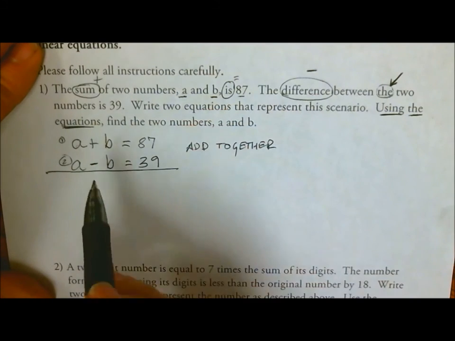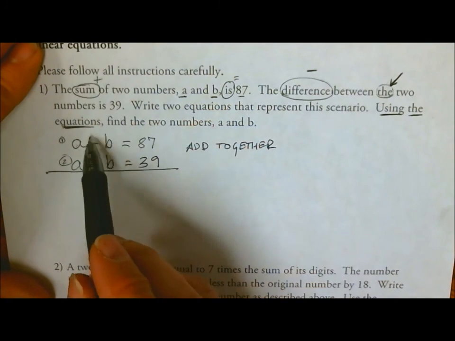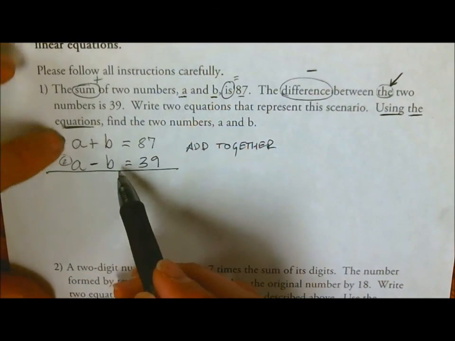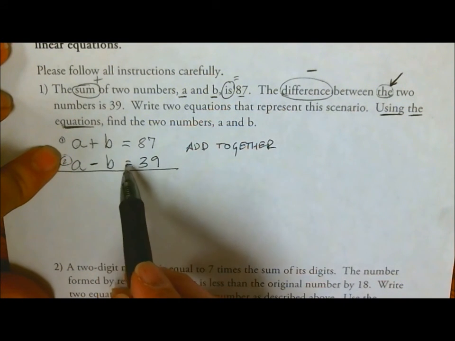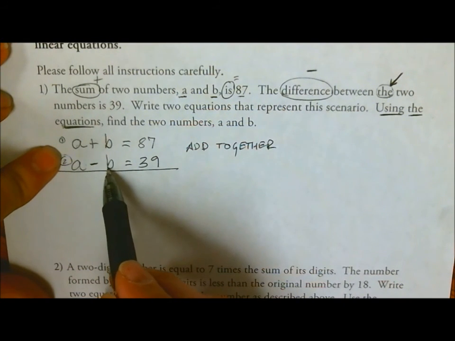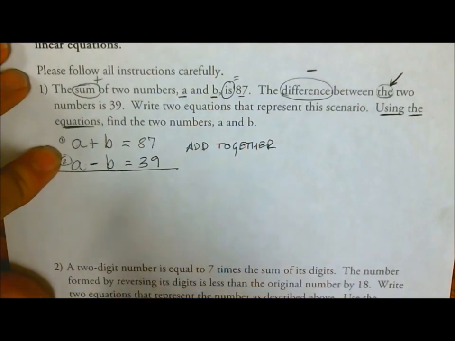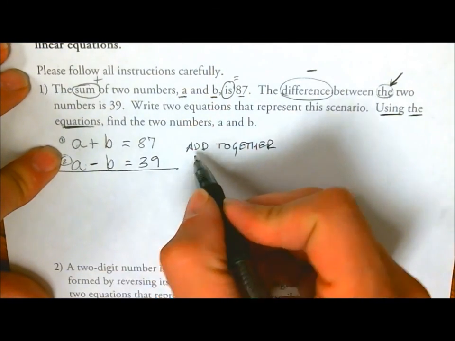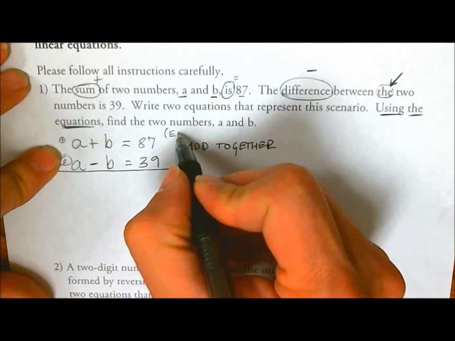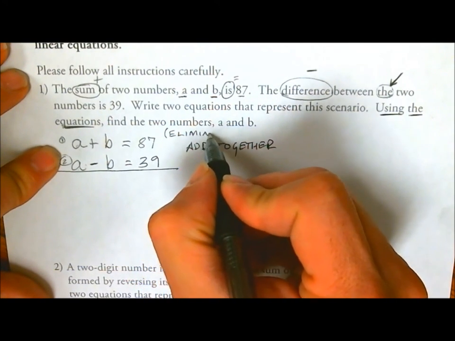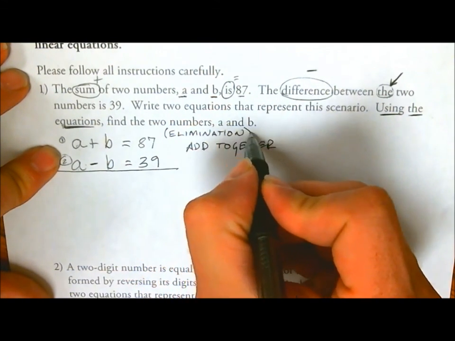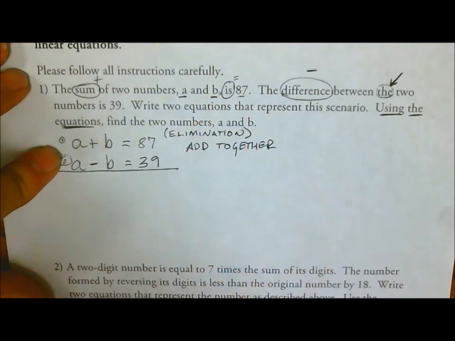I have to make sure when I add them together that one of these variables is eliminated, because I can't solve either one of these equations for a or b and get a number if I have two variables. So I have to eliminate them. That's why we call this the elimination method.